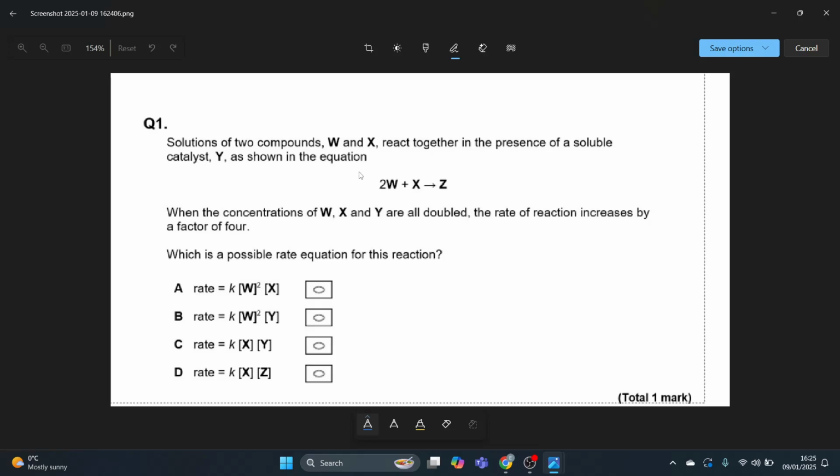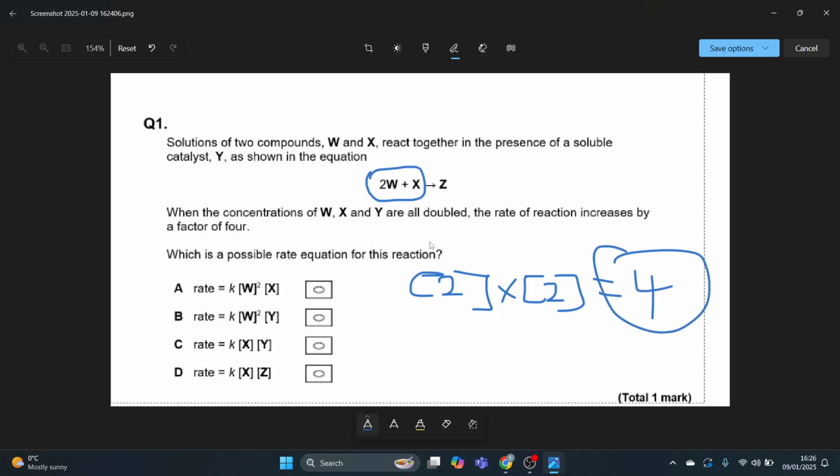Let's think about it. Now it says when the concentration of W, X and Y are doubled, the rate of reaction increases by a factor of 4.